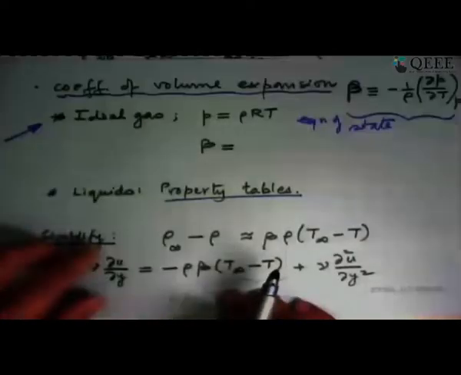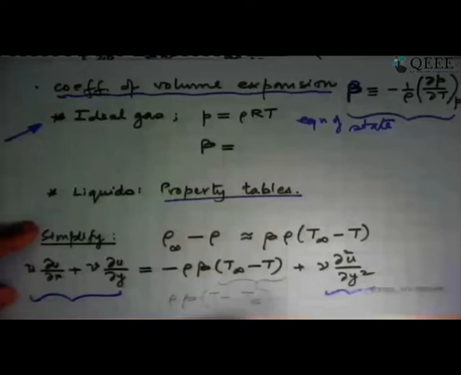What we will do now is look at it in general and approximate it by the ideal gas type of dependence. So rho minus rho infinity is almost like minus beta times rho into T minus T infinity, which came from this equation. Okay, so this is what we have ended up getting.